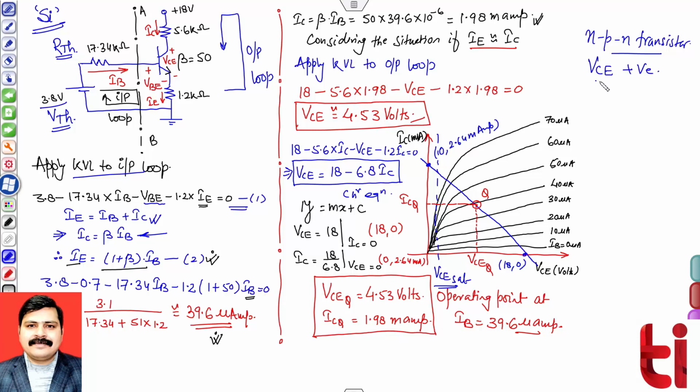So for an NPN transistor, if VCE is positive, lying somewhere over here, that means my transistor is in active region. My transistor is working in active region.